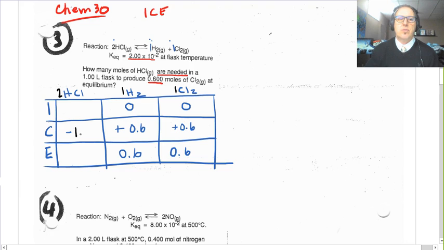Well, it would be double 0.6. We're starting with some HCl and we're going to go down at equilibrium, because this is going to shift this way until we have enough of this and enough of this, and then it's going to bounce back. So there's going to be a little bit of everything.